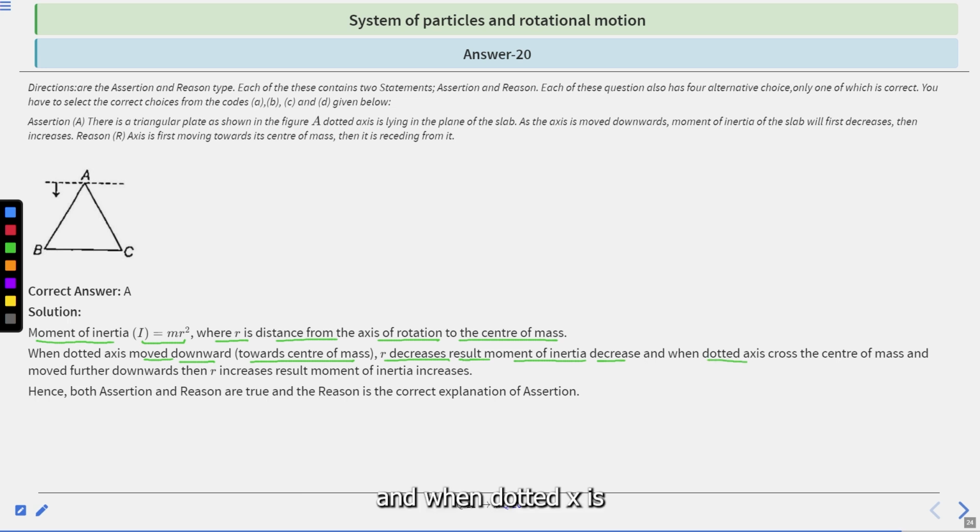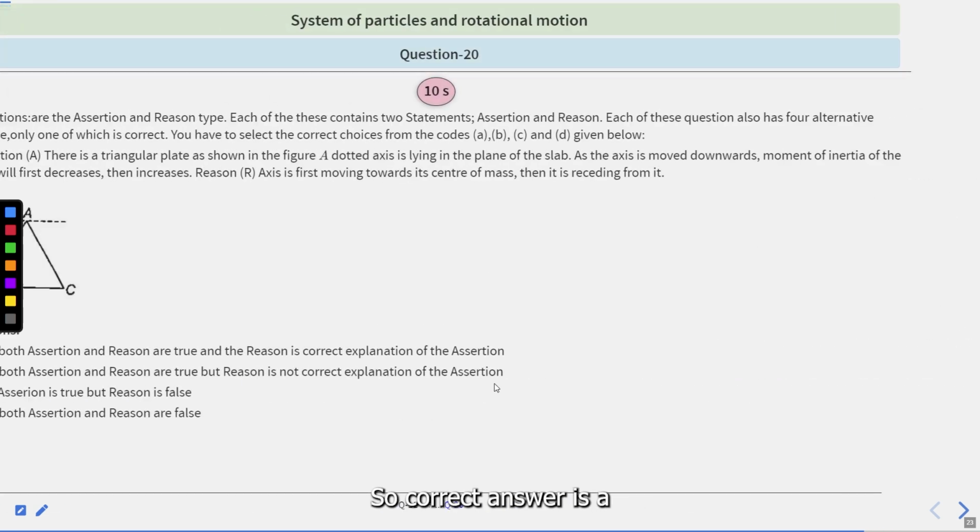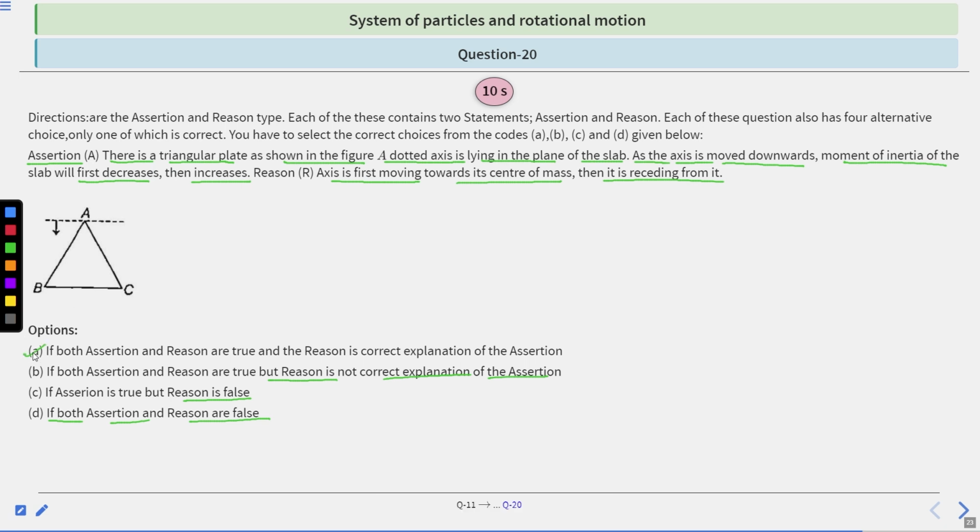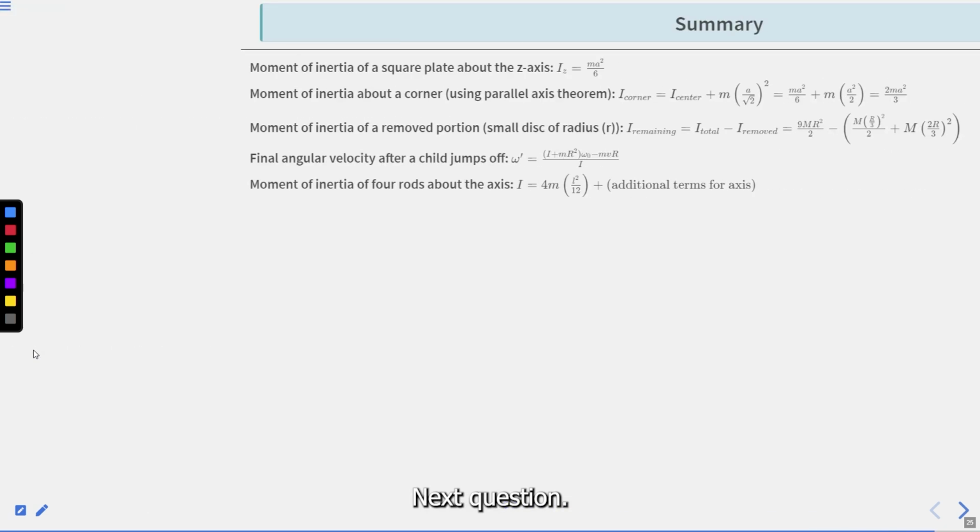When the dotted axis crosses the center of mass and moves further downwards, r increases, so the moment of inertia increases. Hence both assertion and reason are true, and the reason is the correct explanation of the assertion. So the correct answer is A. Next question.